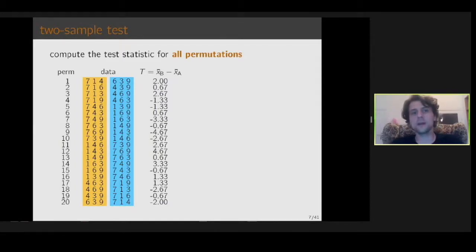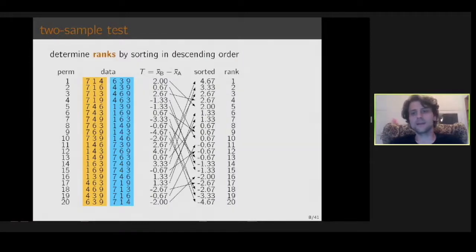Of course, what we want to do in the end is to compute the test statistic for all permutations. In this very small data set, we are in the lucky situation of being able to actually evaluate all the permutations. So test statistics are calculated from all sets of permuted data, and test statistics are being sorted in descending order, which provides us a way of attaching ranks to those test statistics.